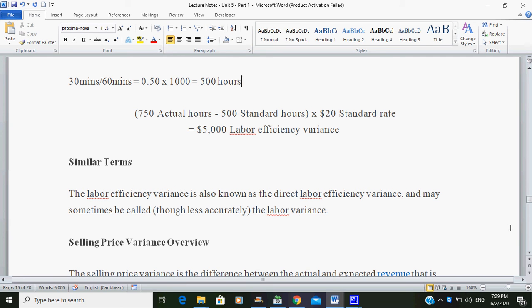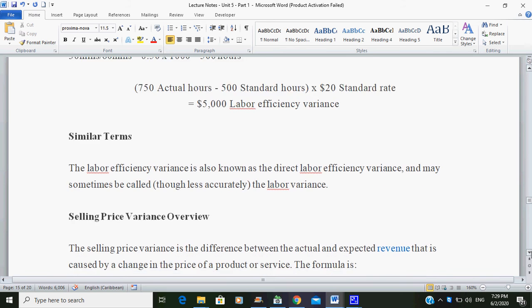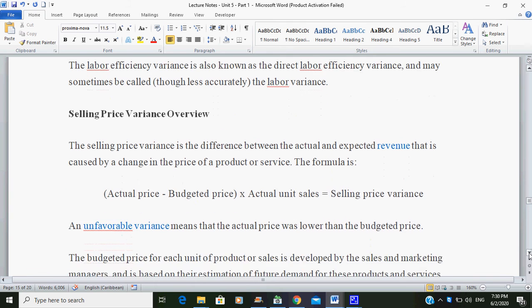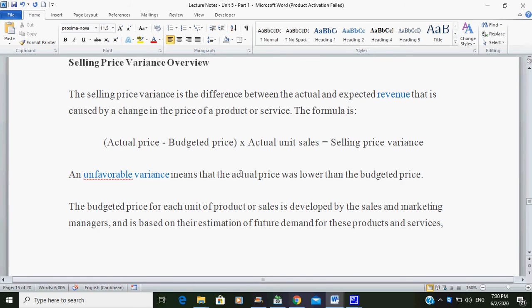Alright, so the budgeted price for each unit of product or service is developed by the sales and marketing managers and is based on the estimation of future demand for these products and services, which in turn is affected by general economic conditions and the actions of competitors.